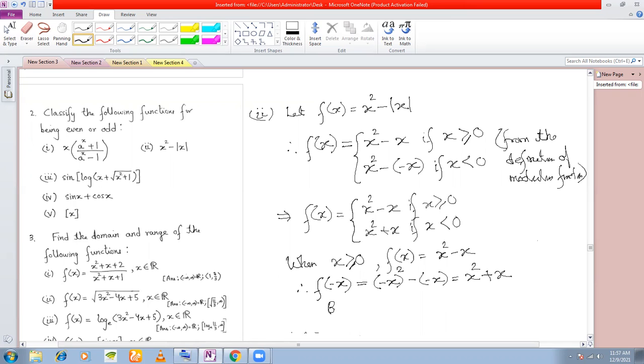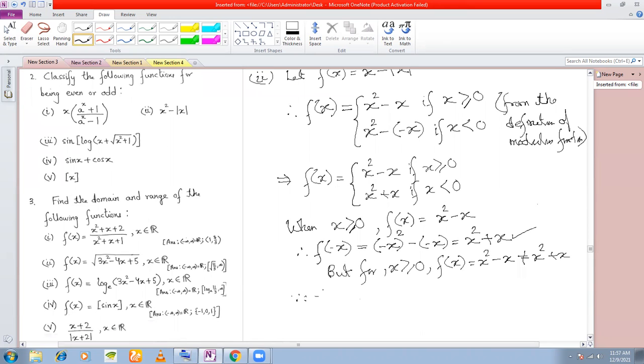But for x greater than or equal to 0, what is the value of f(x) here? What are we getting? x square plus x, which is not equal to x square minus x. Therefore, what do we say?